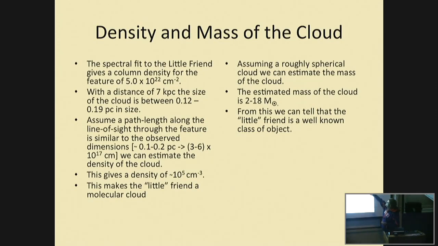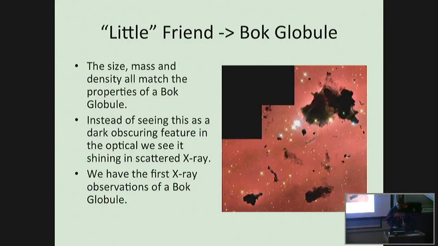Assuming it's roughly spherical in size, you can say that the mass of the little friend is between 2 to 18 solar masses. So it turns out that using all that information tells you the little friend is a well-known class of objects. It's what's called a Bok globule, except that most people tend to see Bok globules in the optical, these little dark clouds.